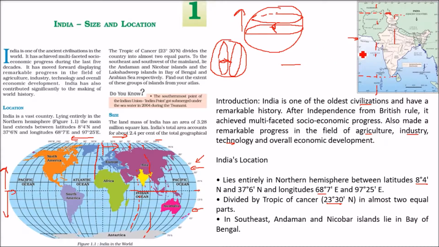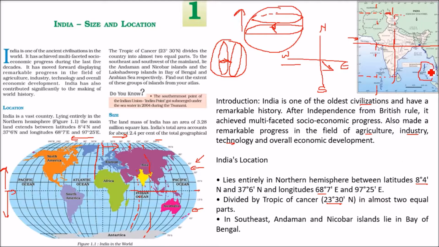Let me first give you the directions. If I make a line like this and a line like this, here we have India. So this is north, this is south, this is east, and this is west. Now let us come to the southeast. This direction is southeast. In the southeast we have the Andaman and Nicobar Islands.